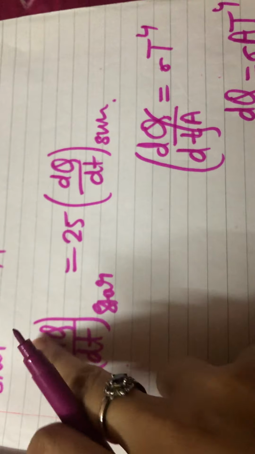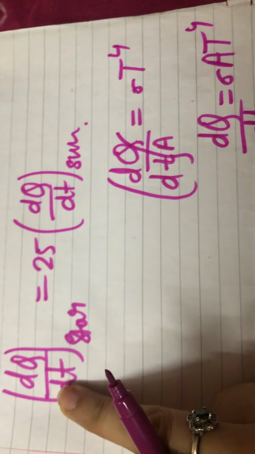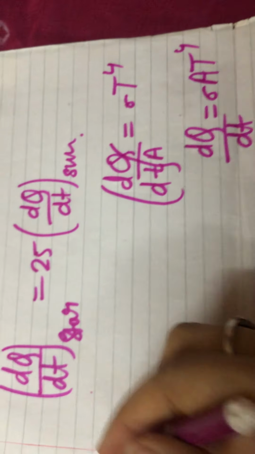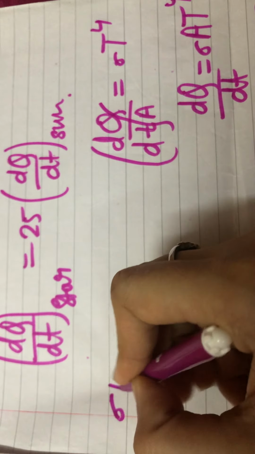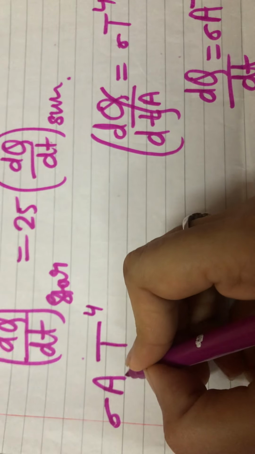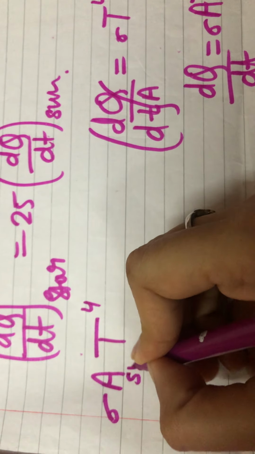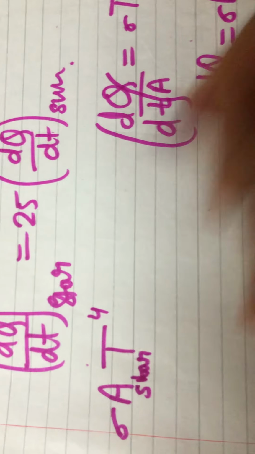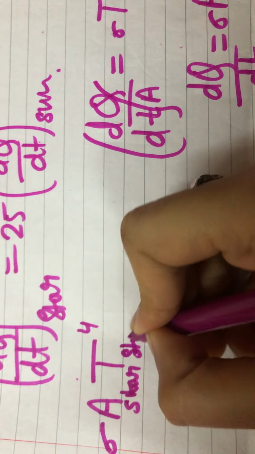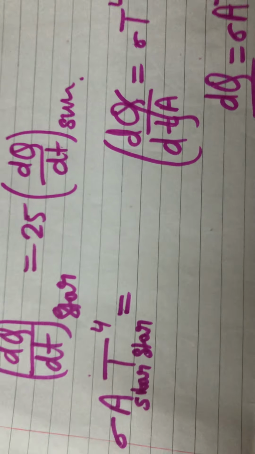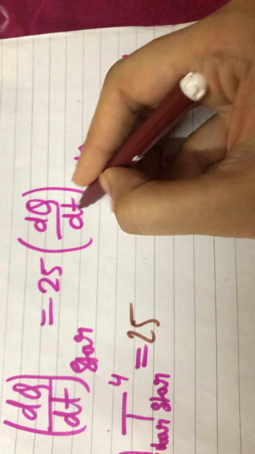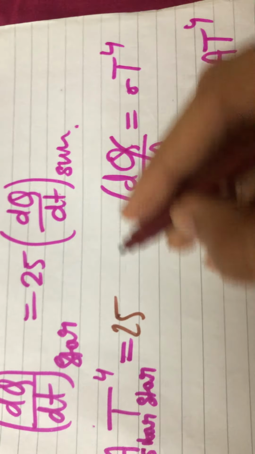Now we have this dQ upon dt, which is the power radiated by the body, that is sigma A T raised to 4. For star, it will be sigma A T raised to 4. Since it is for star, so area of star and temperature of star is equal to 25 times dQ upon dt for sun, that is power radiated by the sun.